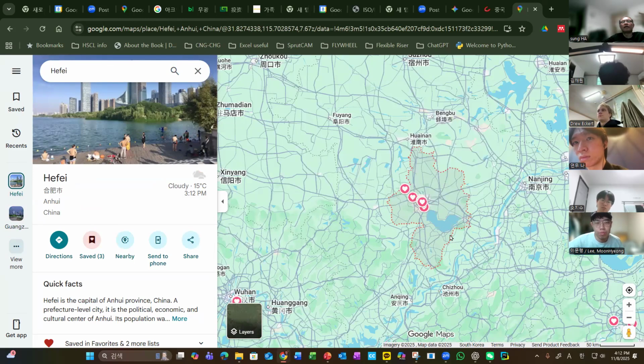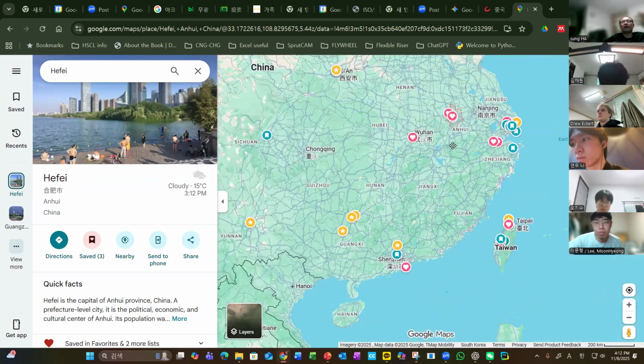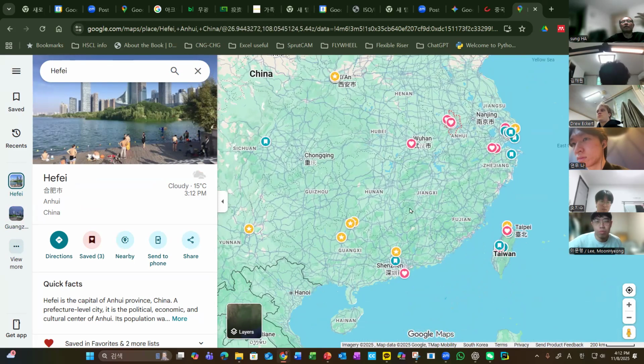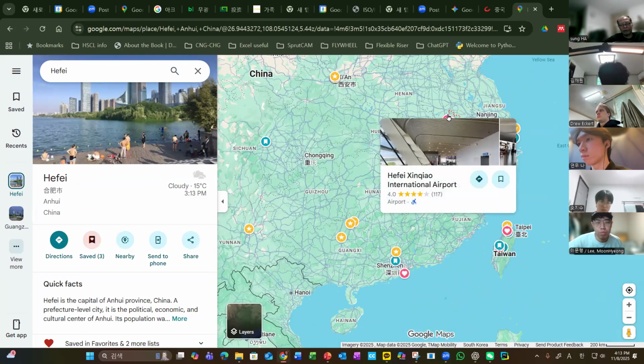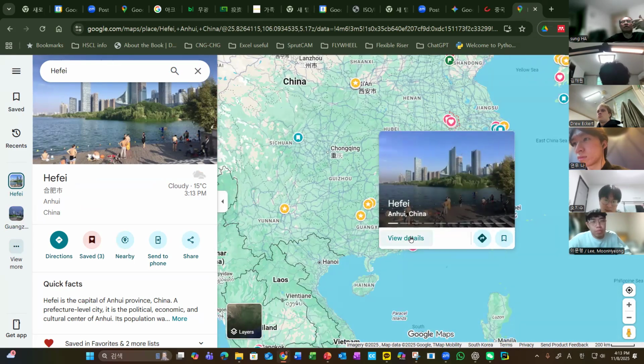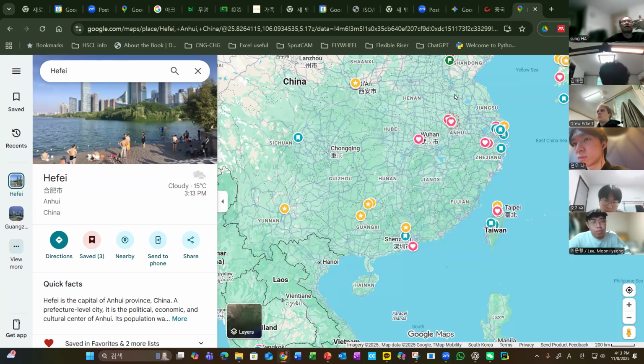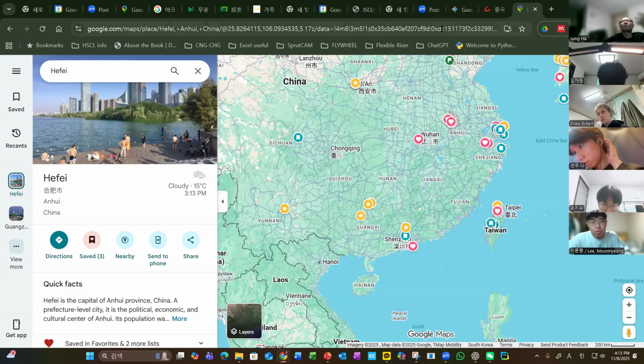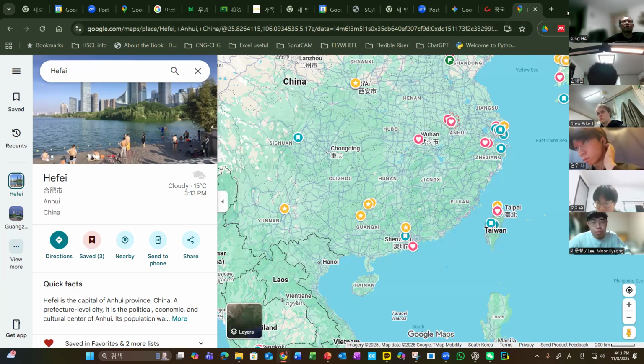So from Guangzhou to Hefei there will be air taxis. They are trying to cover from here to there by the eVTOL, a flying car. So this is very wonderful news.